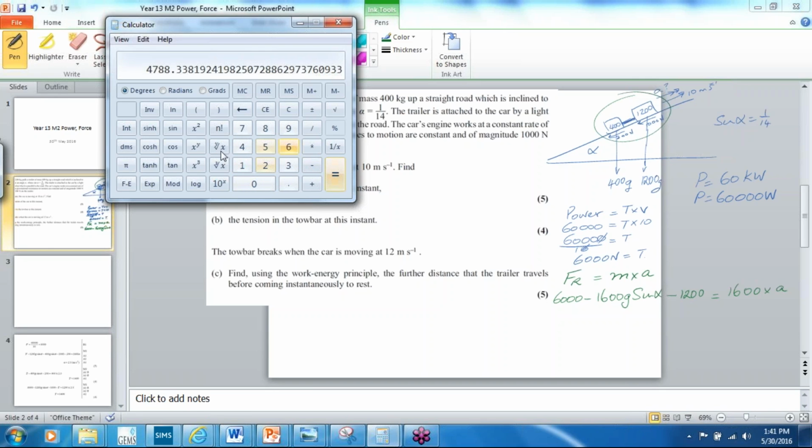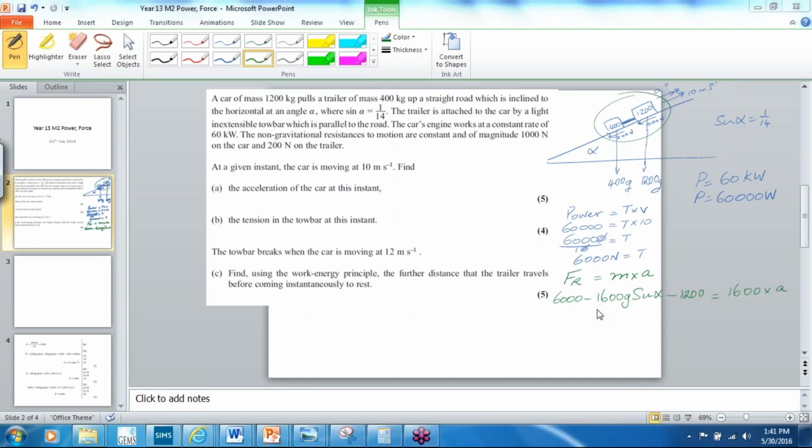We've got a lot of decimals. Let's go through 6,000 minus 1,600 times 9.8 times 1 divided by 14 minus 1,200. Okay, so we did have an error, I'm not sure where it was. So we've got 3,680. 3,680 is our resultant force.